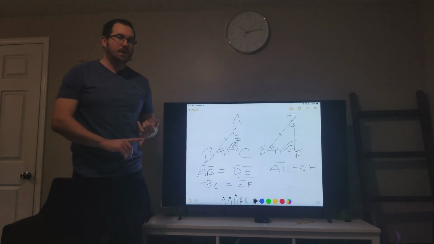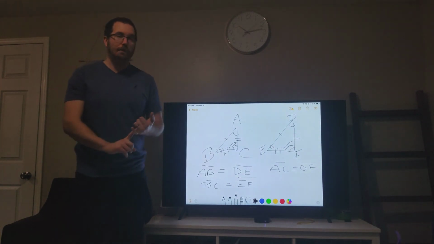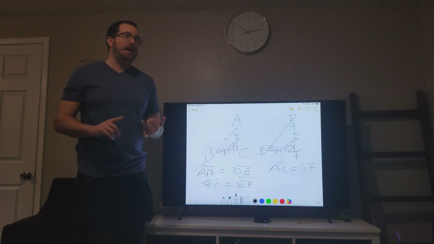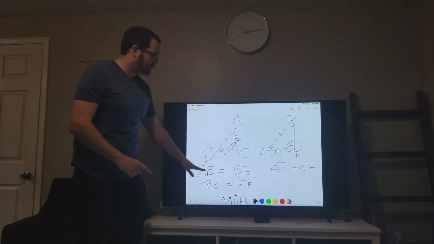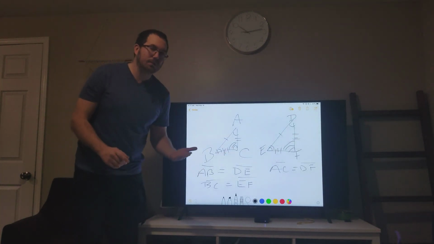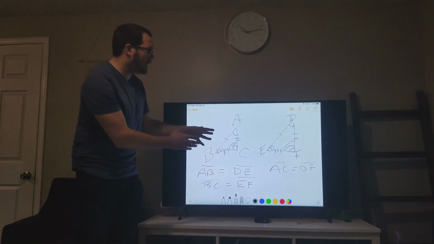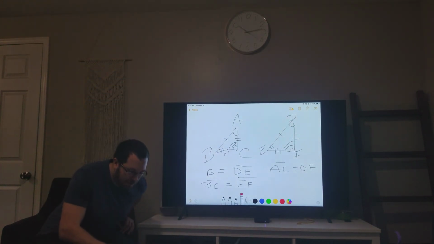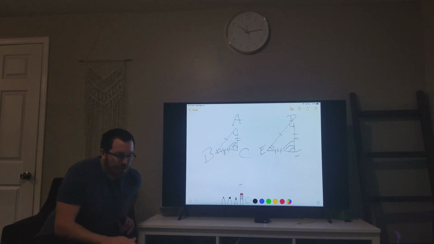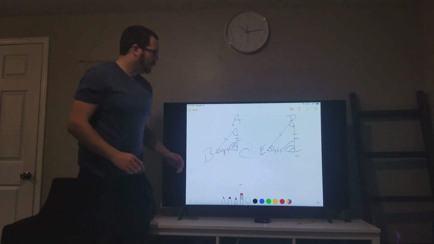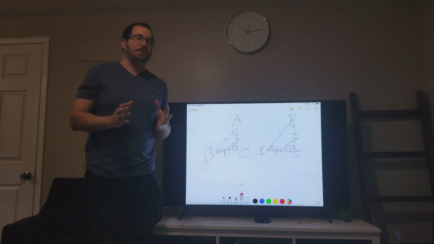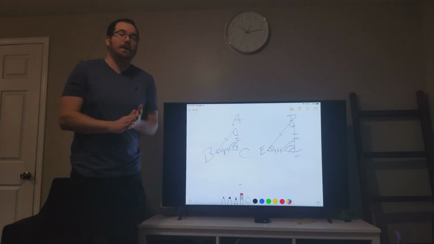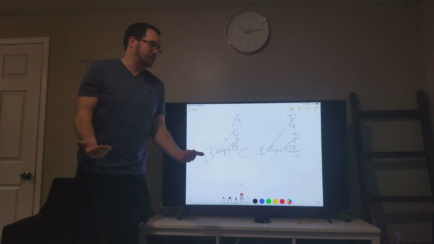So now that we've determined that they are the same shape because of the angles, and the same size because of the side lengths, we can now determine that these two triangles are actually congruent. And so we use a special symbol to represent when things are congruent. We don't just use an equal sign, we use a modified equal sign, what we call a congruency sign.